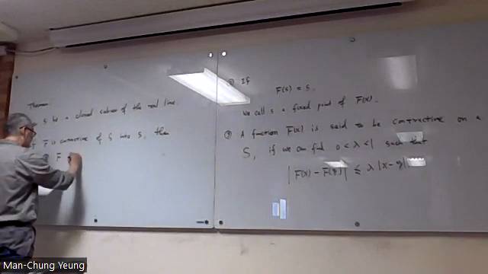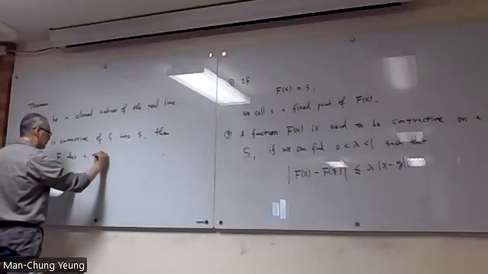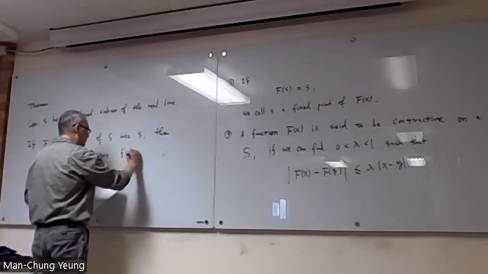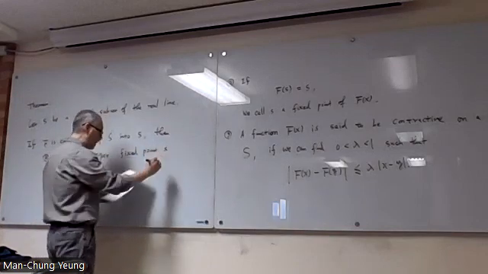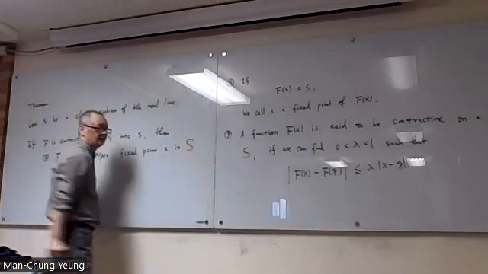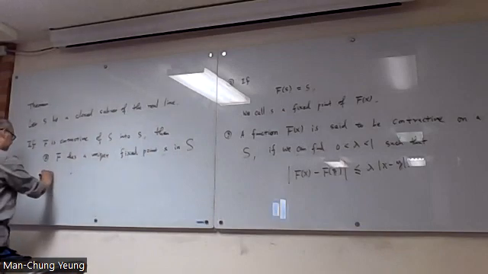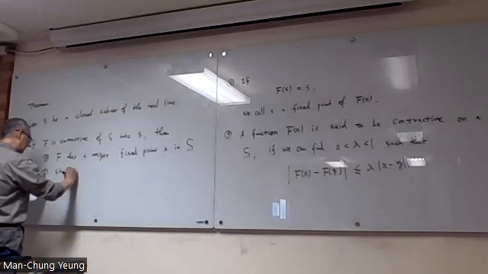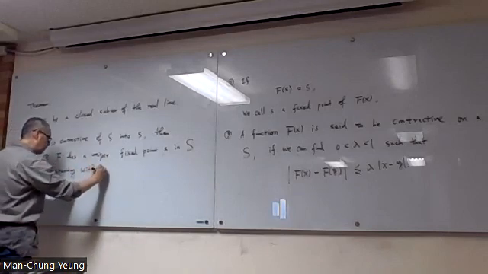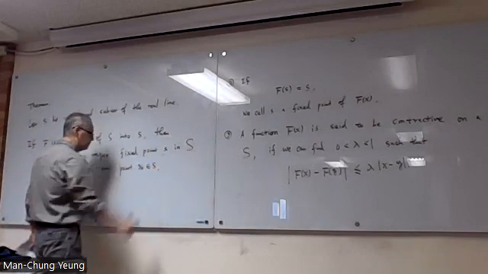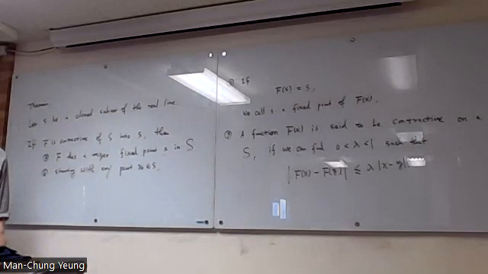This F has a unique, one and only one, fixed point little s in capital S. Number two, starting with any point in S, the functional iteration converges to the fixed point.